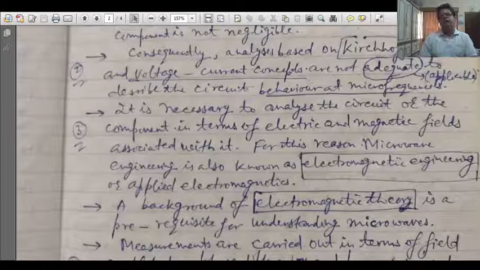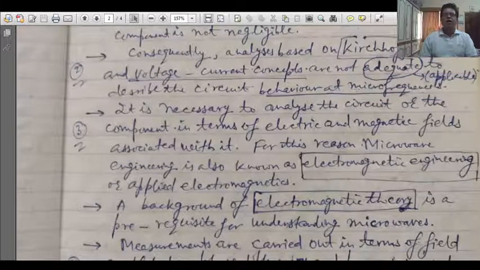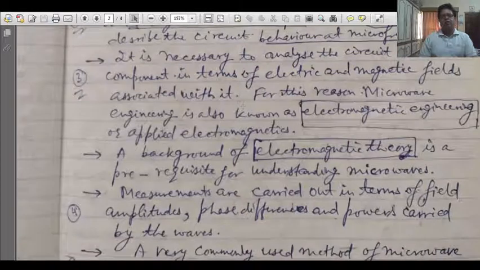If we want to analyze circuits at microwave frequencies, Kirchhoff's laws and voltage-current concepts are not adequate to describe such circuits, because these laws cannot be applied at microwave frequencies.